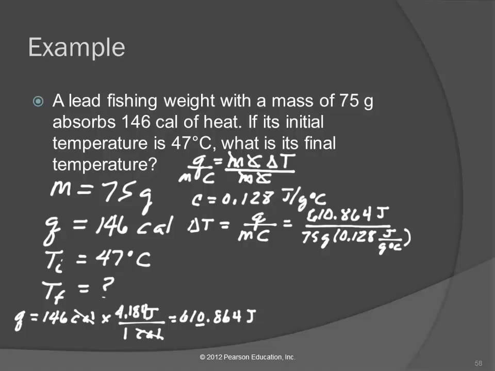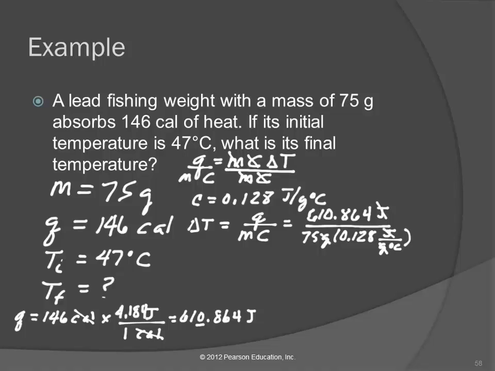Our units get kind of weird looking here, don't they? Joules cancel. Grams are in the numerator and the denominator. What we're left with is 1 over C, degree C, which is degree C. So we're going to take that 610.864 divided by 75, divided by 0.128.